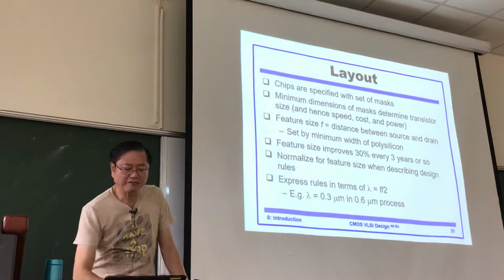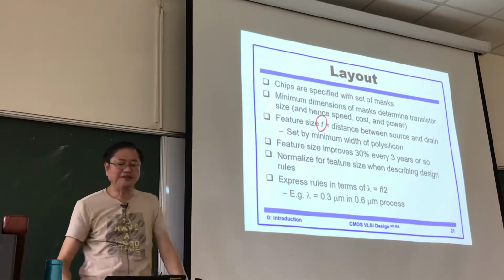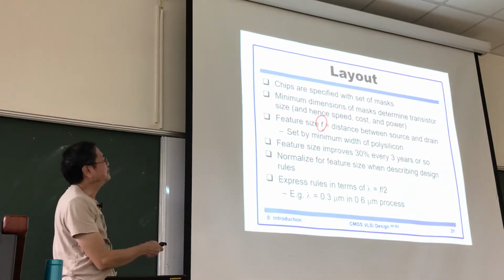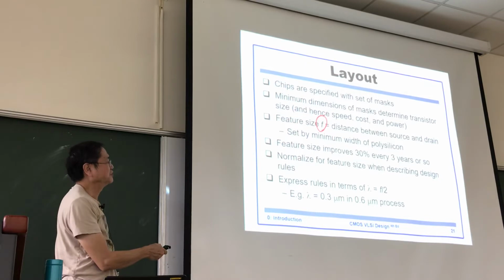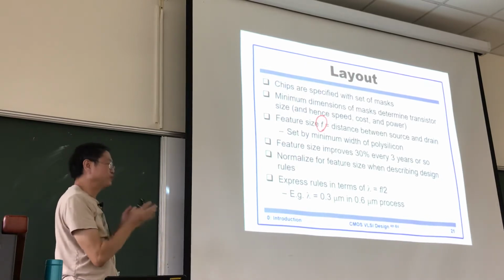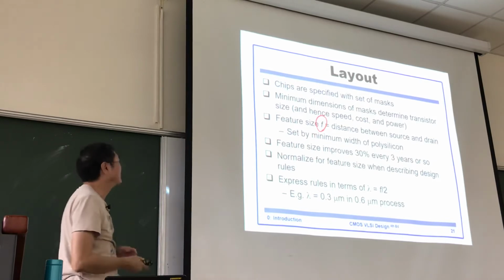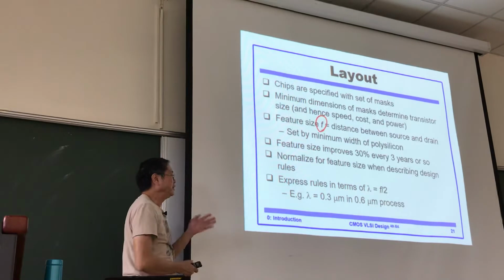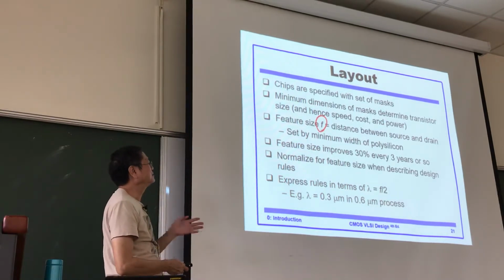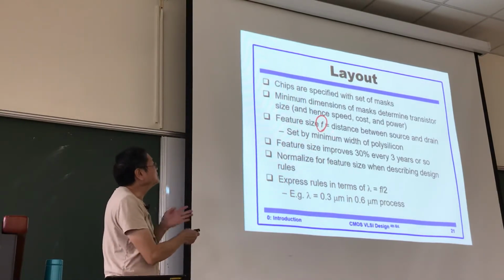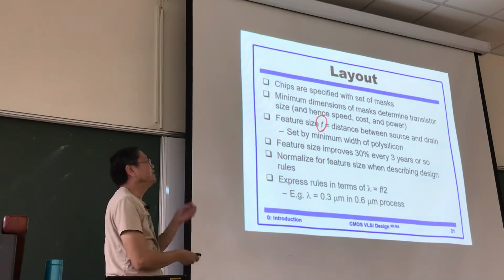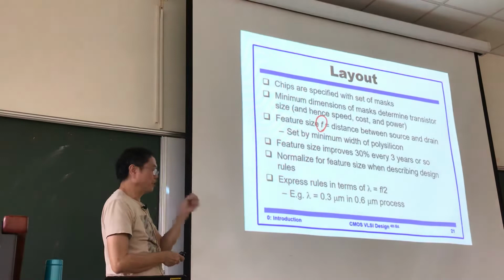The feature size F is what? The feature size is defined as the distance between the source terminal and the drain terminal for the minimum size transistor. Let me repeat it. Feature size F is defined as the distance between the source and the drain of the minimum size transistor.